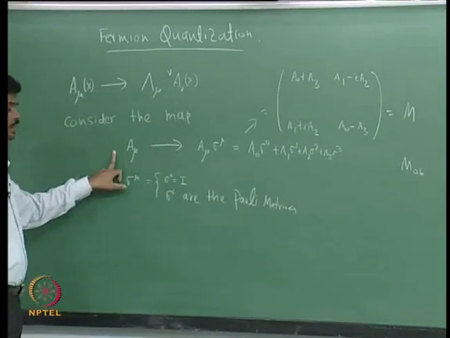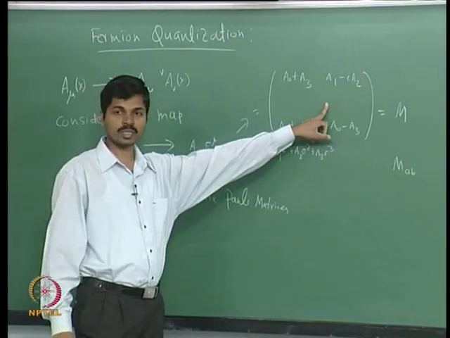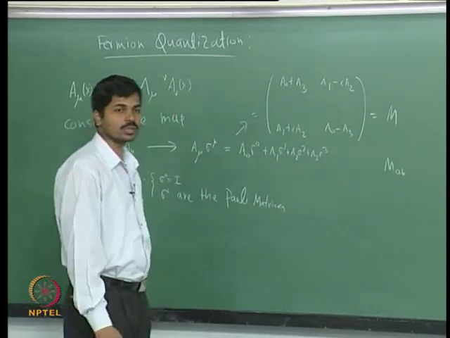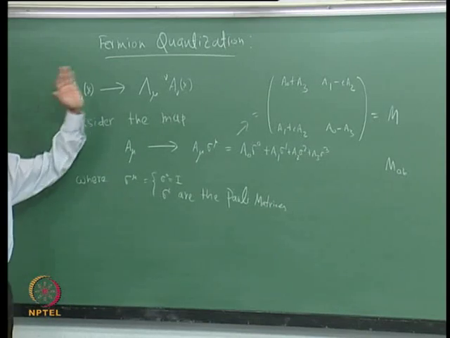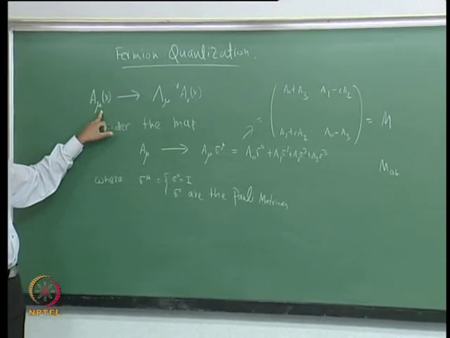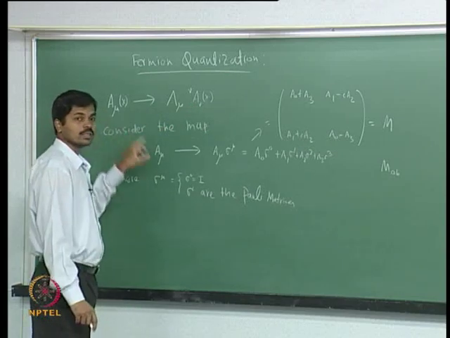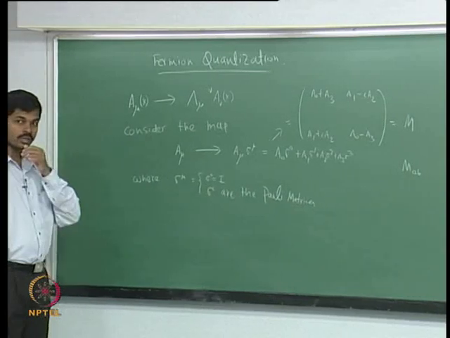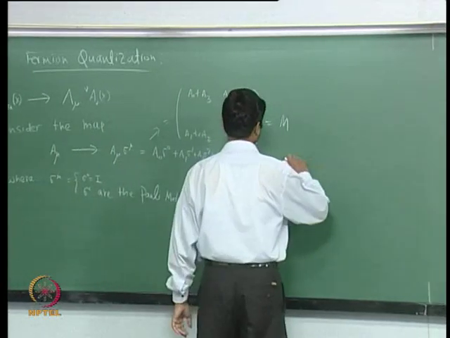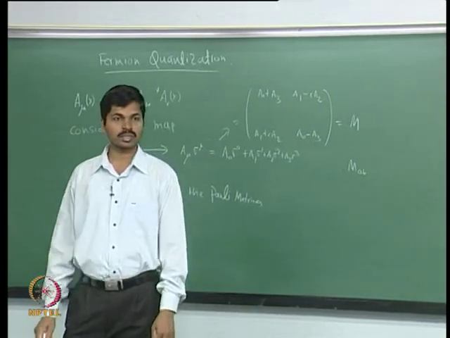For every vector in 4 dimensions, you have one such 2 by 2 Hermitian matrix, and for every 2 by 2 Hermitian matrix, you can associate a 4 vector. You already know the transformation rule for a vector field in terms of the 4 vector components A mu. Now, you can ask exactly the same question: how can you phrase the transformation rule in terms of the components of this matrix M_AB?